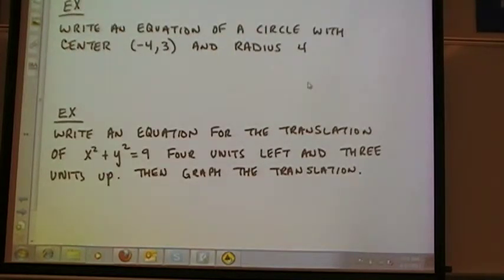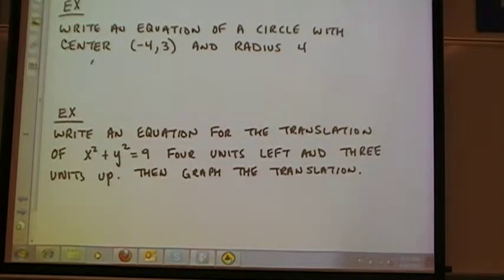First example. So we're going to take the standard form of the equation and just plug in the information we know. Write an equation of a circle with a center of (-4, 3) and radius of 4. Somebody read out to me the equation that you just wrote down for the standard form.